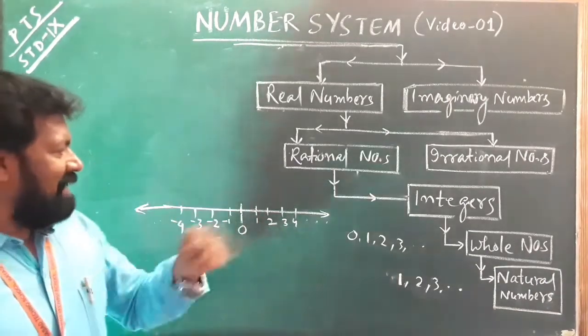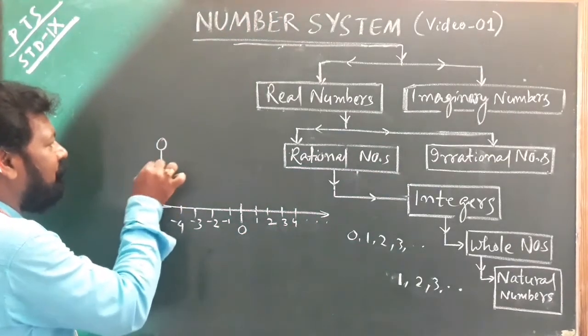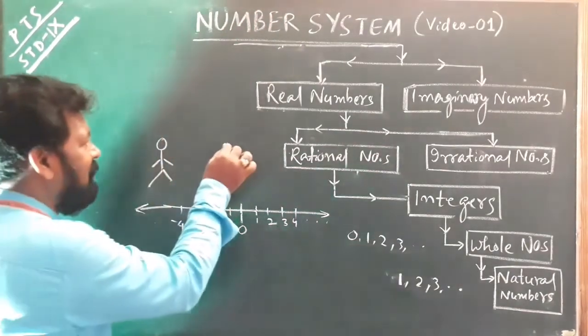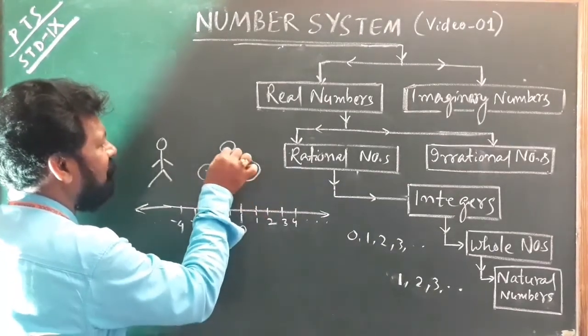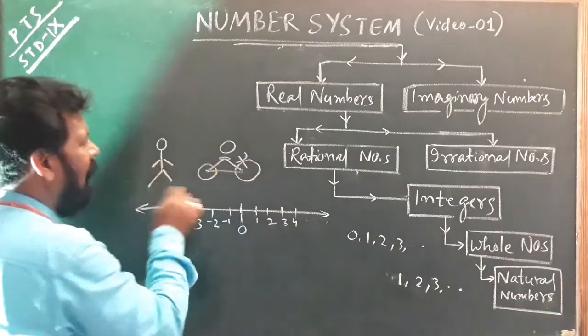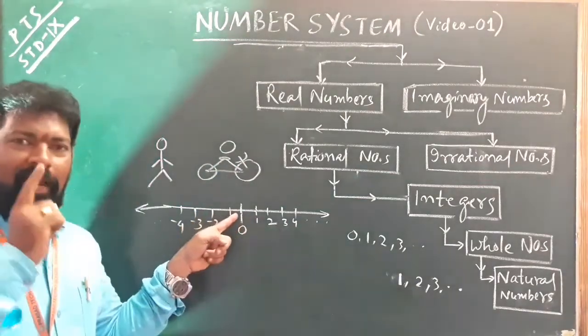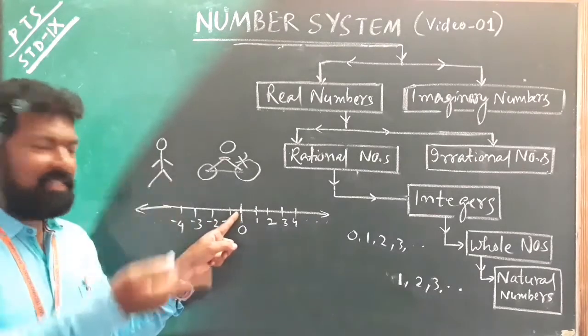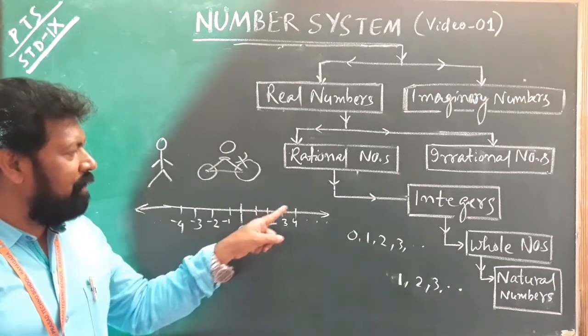To take this as an example, let's consider that one person is walking and another person is cycling. The moment the person walks, he puts his step at one point, and the next at 2, 1, and then 2, 3, 4 like that.